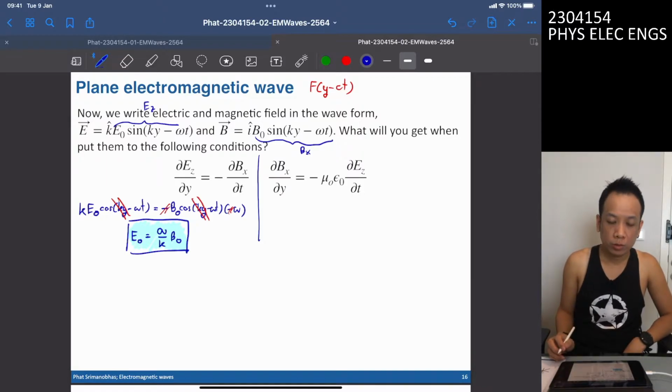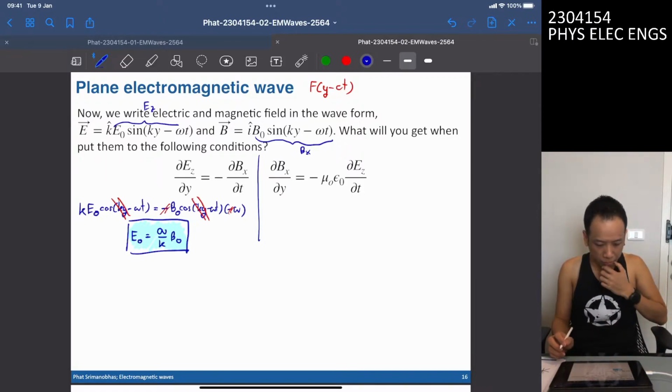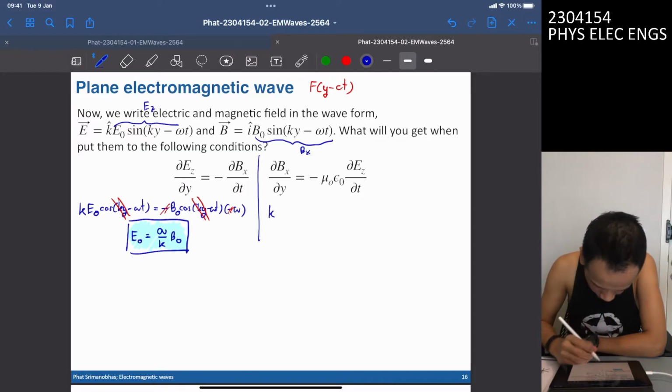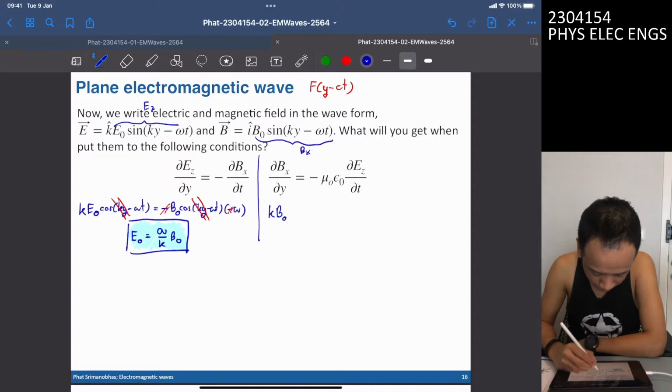So now we do the second equation. Differentiate Bx with respect to y, equal to k, a quick differentiation, of ky minus omega t.